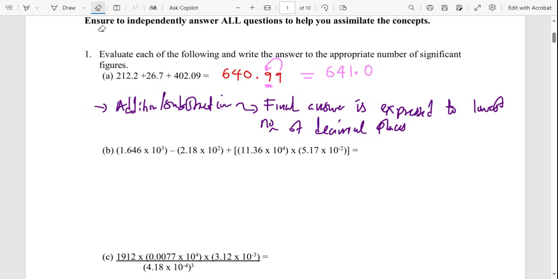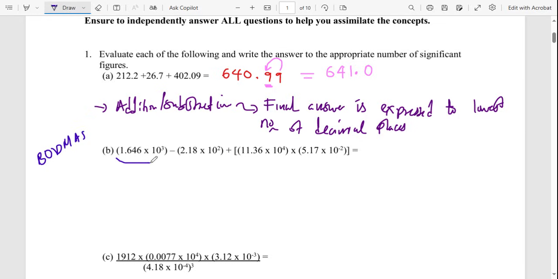So the rule is brackets first. Remember BODMAS? It says that brackets first, then you do the division and the multiplication, and then the addition and subtraction. So first here, I've added these first two. I'm going to write the answer.